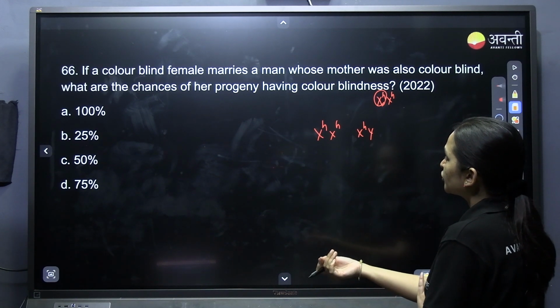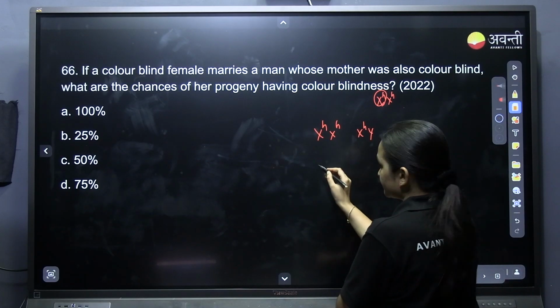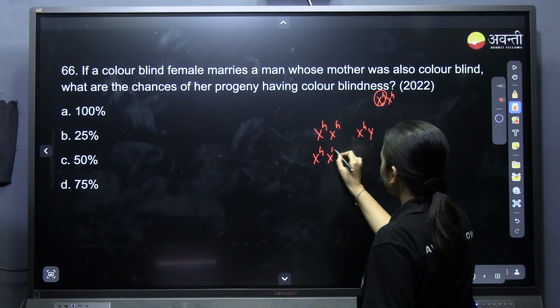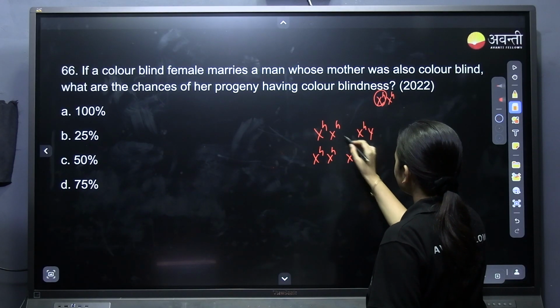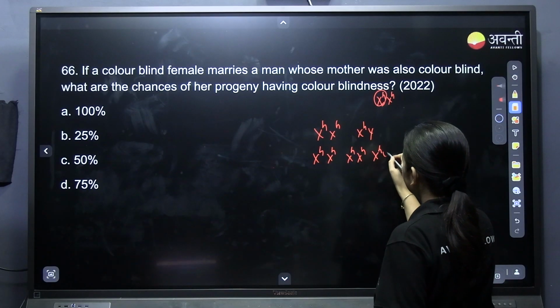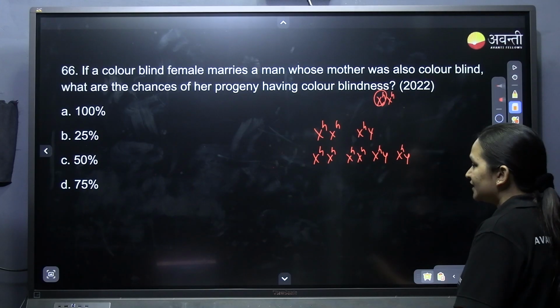What are the chances of her progeny having color blindness? If we say XH, XH, so it will be definitely 100%.